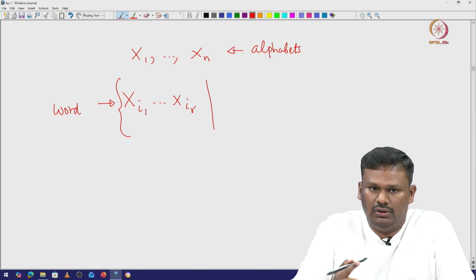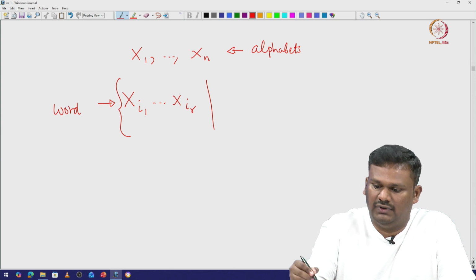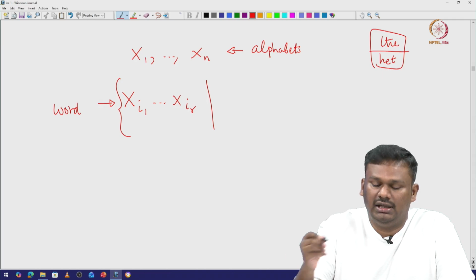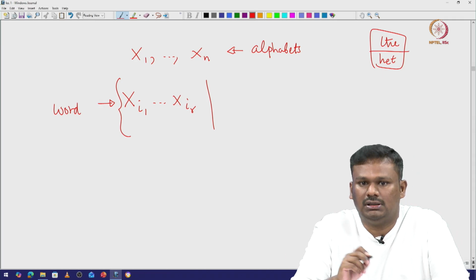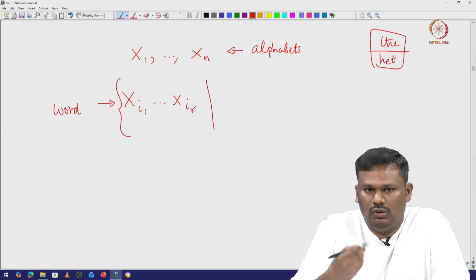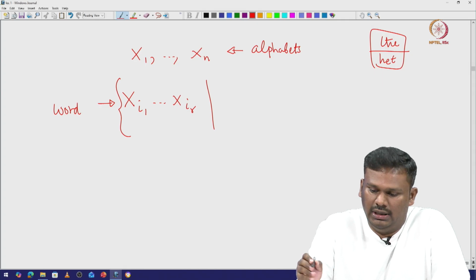I do not care about commutativity, because most of the time commutativity does not make sense in an actual language. For example, if I take 'the' and if I take 'het', they are not the same. I do not want to treat them as the same. Sometimes when we are considering polynomials, we allow them to commute, but in general we do not need to do this.